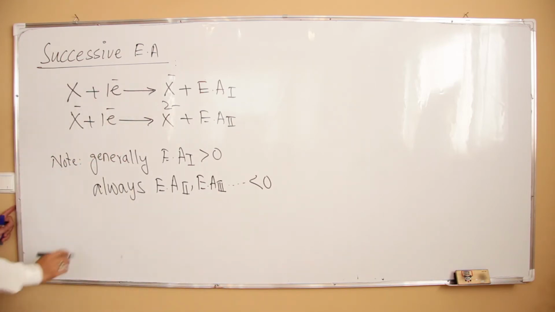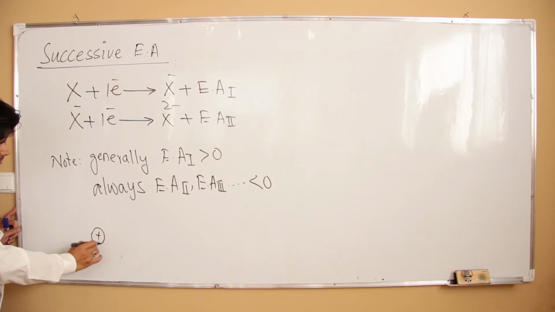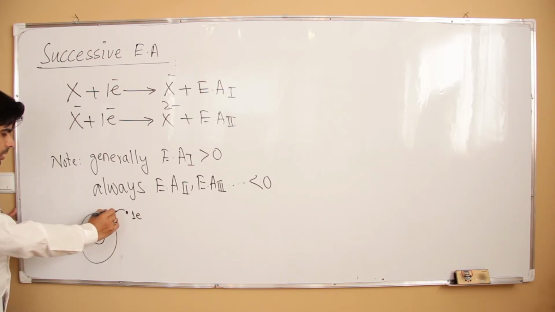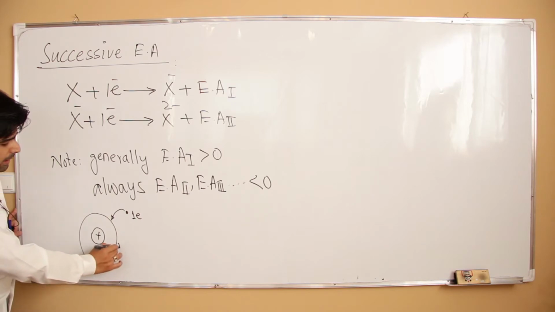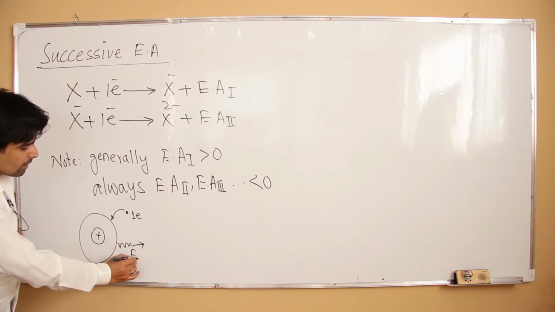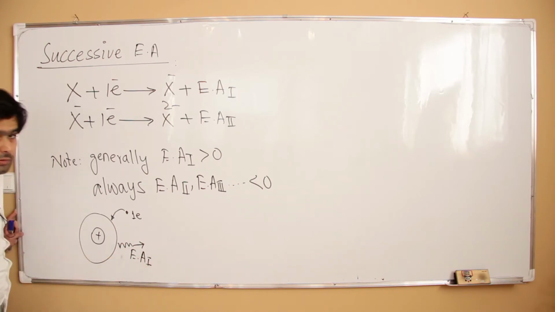It means if we have an atom, this is the positive nucleus, and an electron is getting close to the atom. The atom releases some energy. This energy which is released is called electron affinity first.